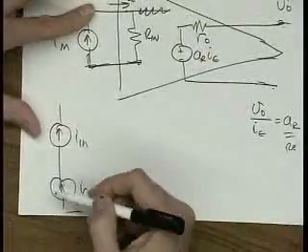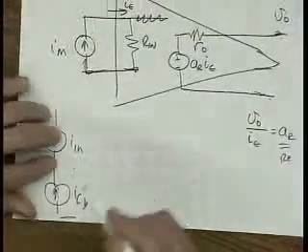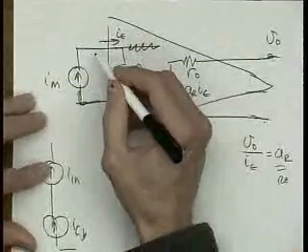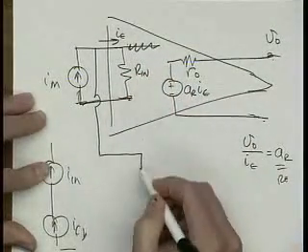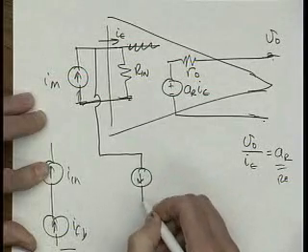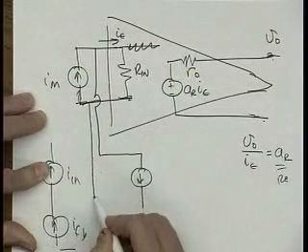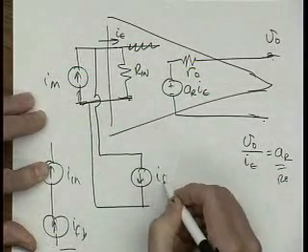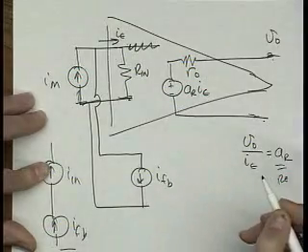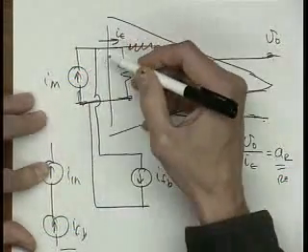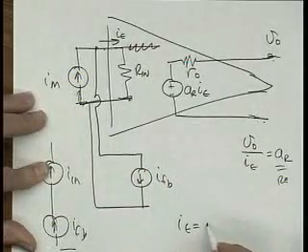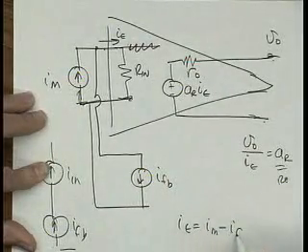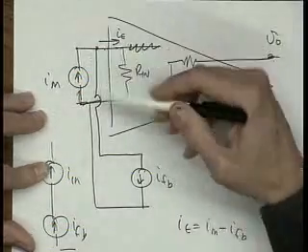There's no differencing. So how do I difference when I do currents? Well, I do it like this. So here's I feedback, here's I in, and at this point I error is equal to I in minus I feedback.